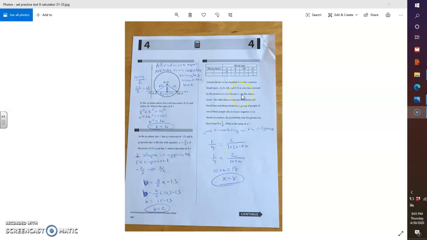Number 33, when you read through this entire question, essentially what they want is for b negative to represent 1/9 of all negative people. So in this case, my b negative is going to be 2. So 2 over what would give you 1/9?